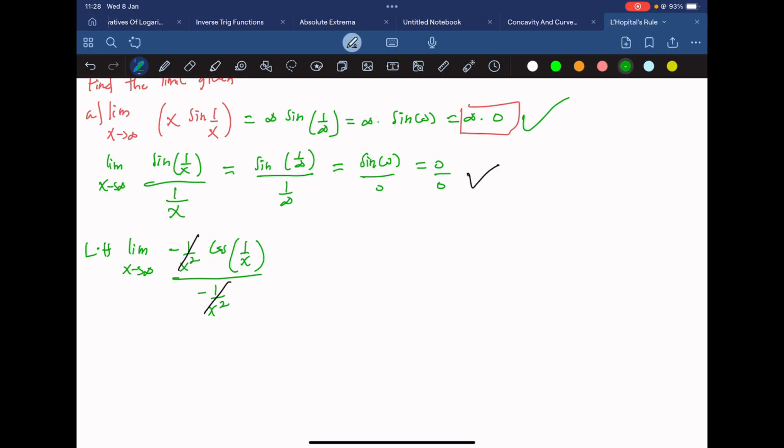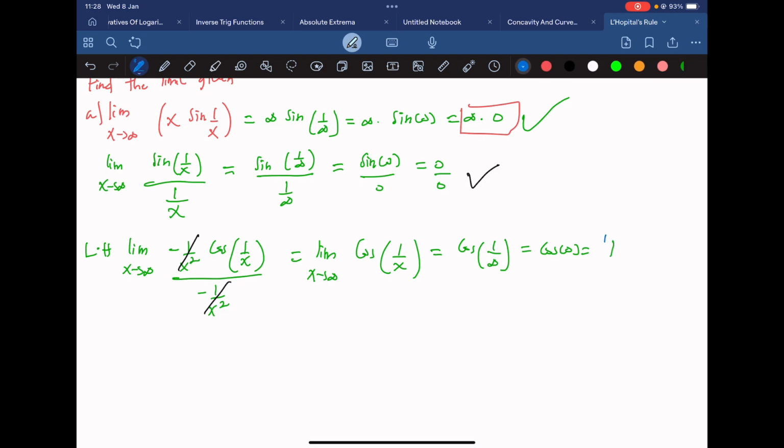So the only term that we have left is the limit as x approaches infinity of cosine of 1 over x. And now if we do that, we just have cosine of 1 over infinity, and 1 over infinity we know is 0, so we have cosine of 0, but cosine of 0 is 1. So this becomes our answer.